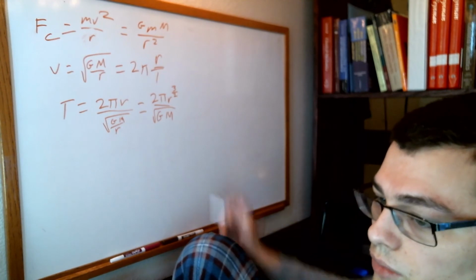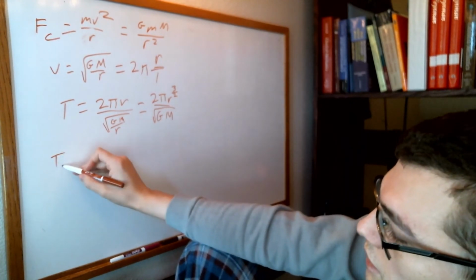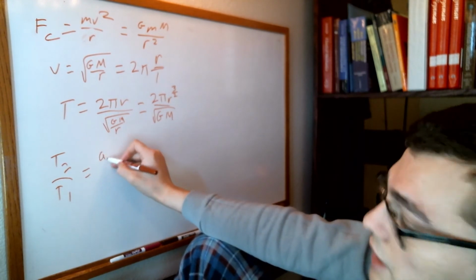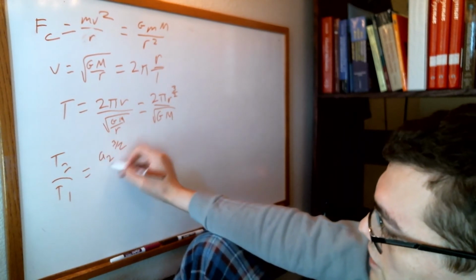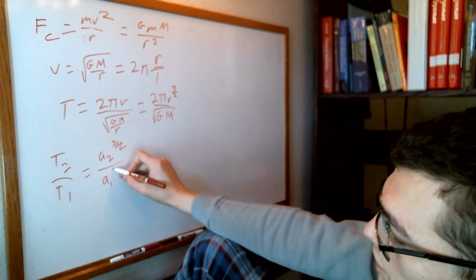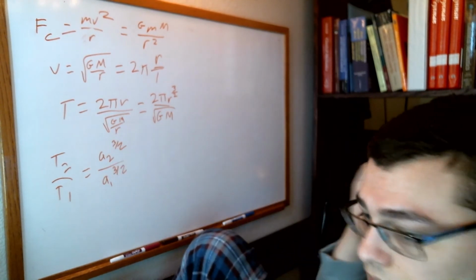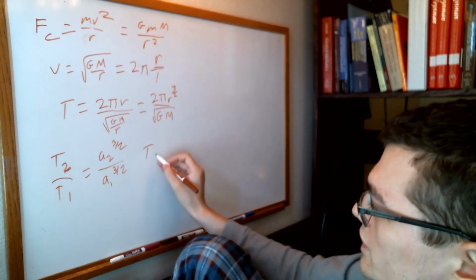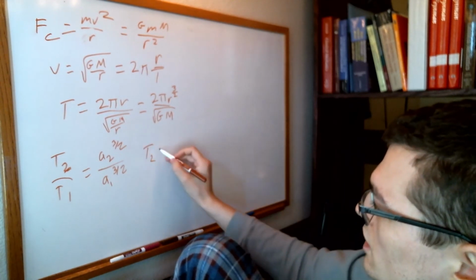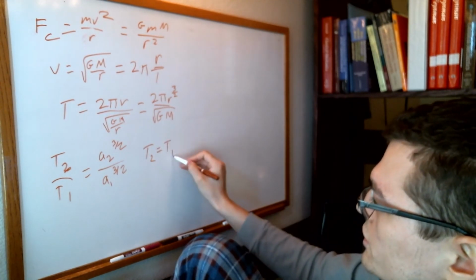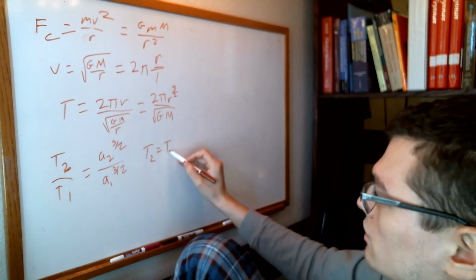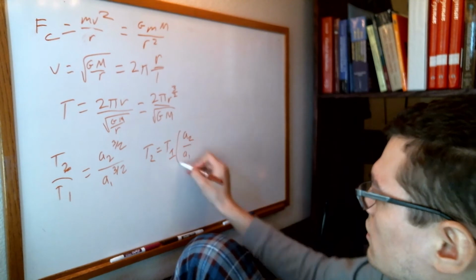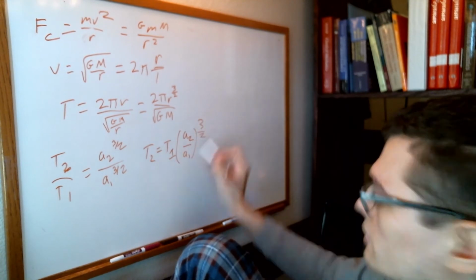And so we have that T2 over T1 is equal to A2 to the 3/2 over A1 to the 3/2, which gives us that T2 is equal to T1 times A2 over A1 to the 3/2.